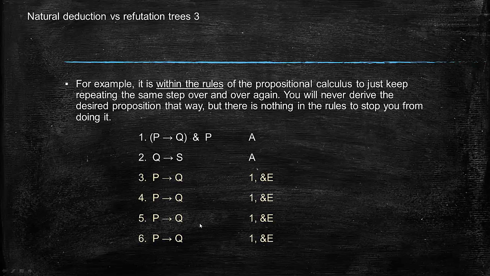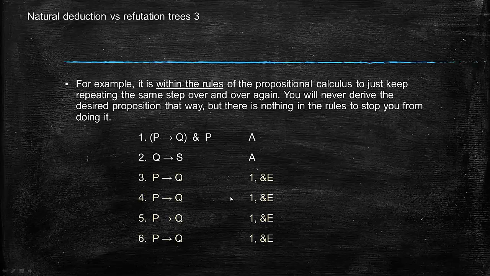So, for example, it's within the rules to do this in propositional calculus. You could say we have two assumptions, if P then Q and P, and if Q then S from our previous proof. You could just start writing if P then Q over and over again by the same rule, conditional elimination. You can just keep going like that forever. There's no rule in propositional calculus that makes you stop doing that.